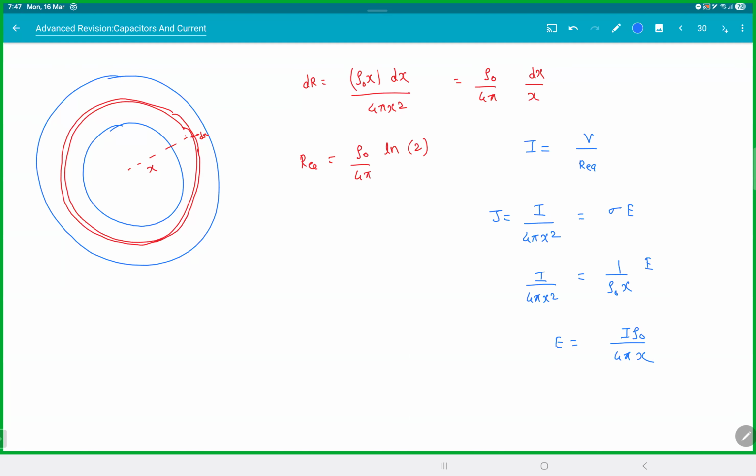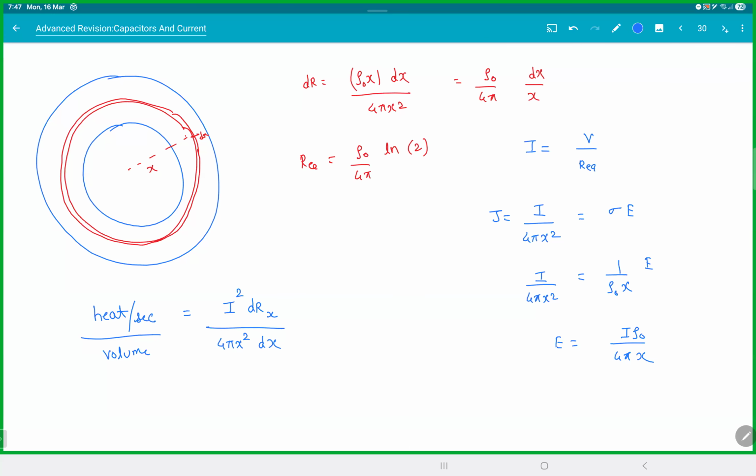What about the heat produced? Now he's asking heat produced per second per unit volume, meaning in a small region, okay? You're not asking for the entire thing, right? Again, you're asking as a function of x. So for a small region at a distance x, you want to find the heat produced. What is the heat produced? I square dR. This is the resistance of that small region at x, divided by the volume of that particular region, which is 4 pi x square dx. Is that making sense? If you take a thin shell of thickness dx, the resistance of that thin shell is dRx.